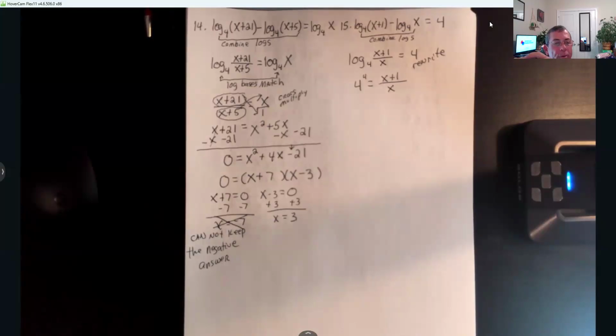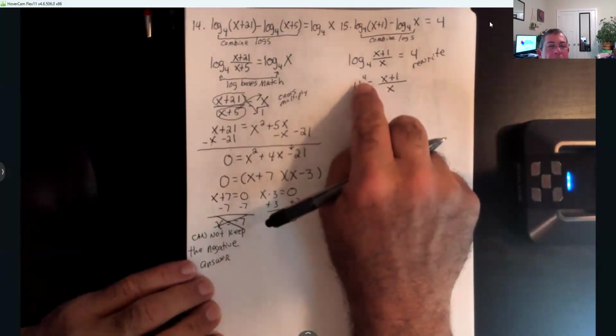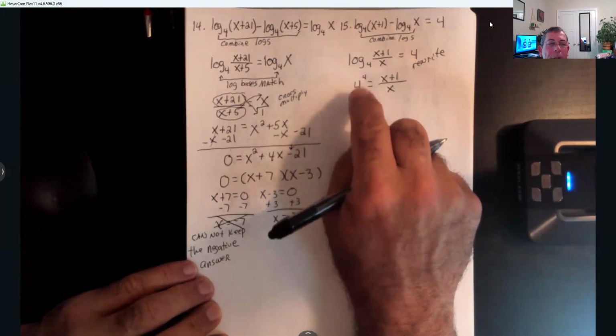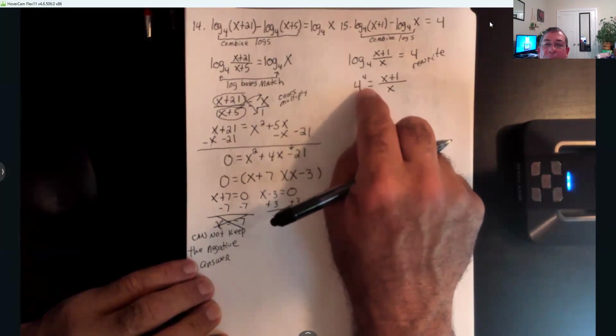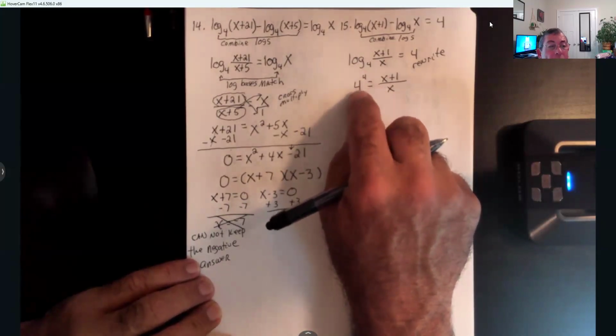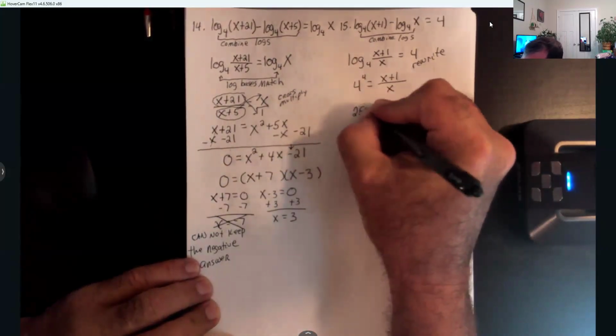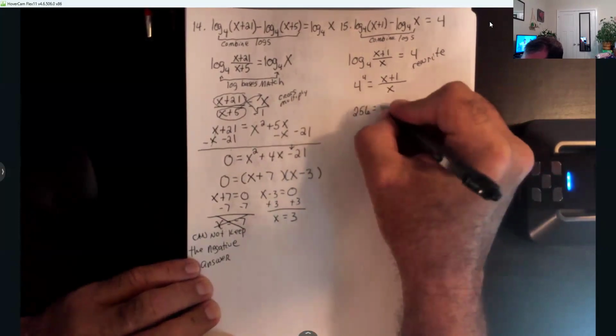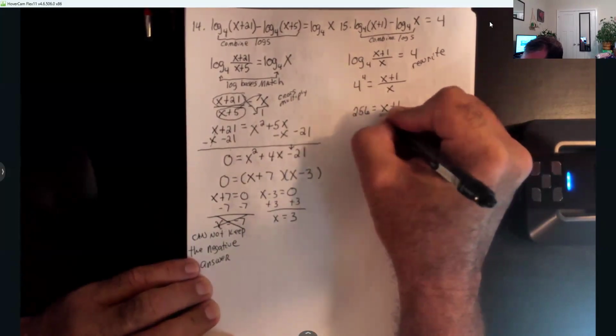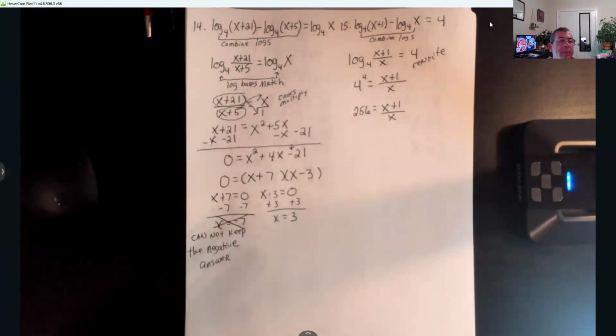So 4 to the 4th power. Well, if you do 4 times 4 times 4 times 4, y'all, that's going to equal 256. That's going to equal our x plus 1 over x.